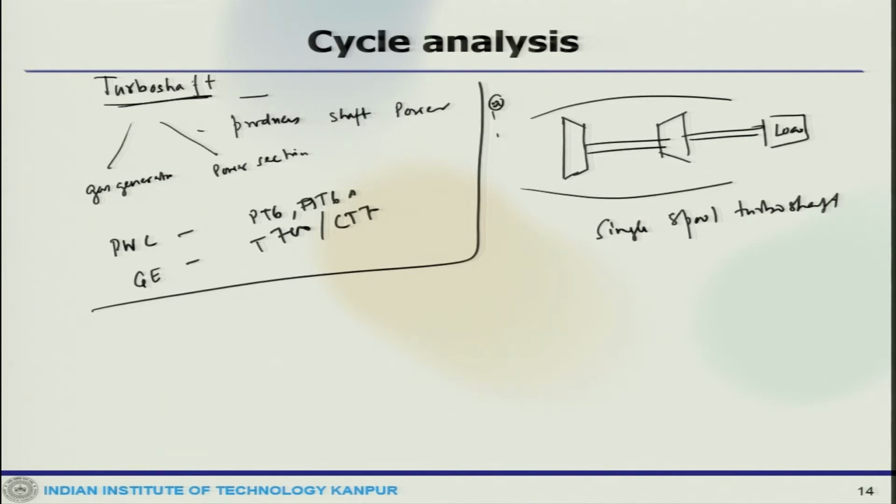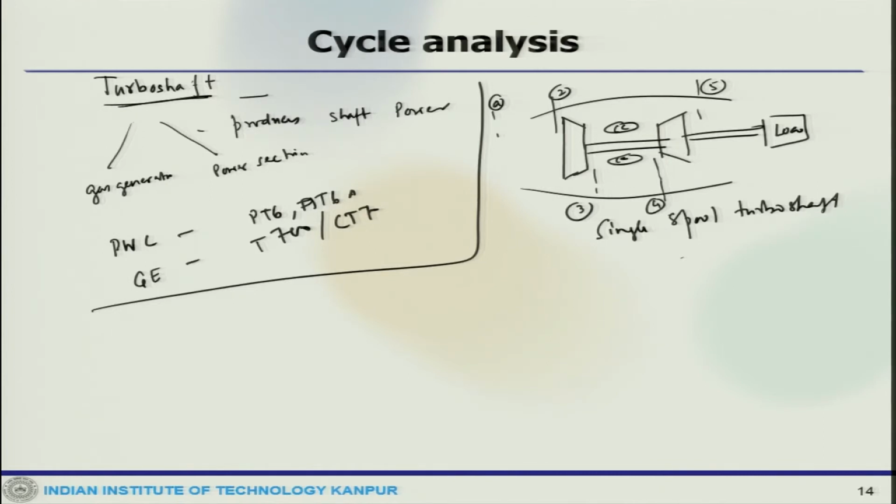One can think of station A, 2, there is the combustion chamber, then 3, this is 4, 5. You can see the load is driven by the same gas generator shaft or driven by the free turbine. So, this is a single spool configuration.